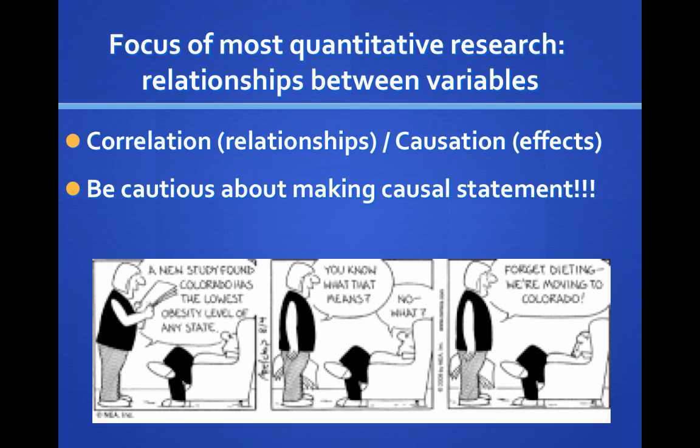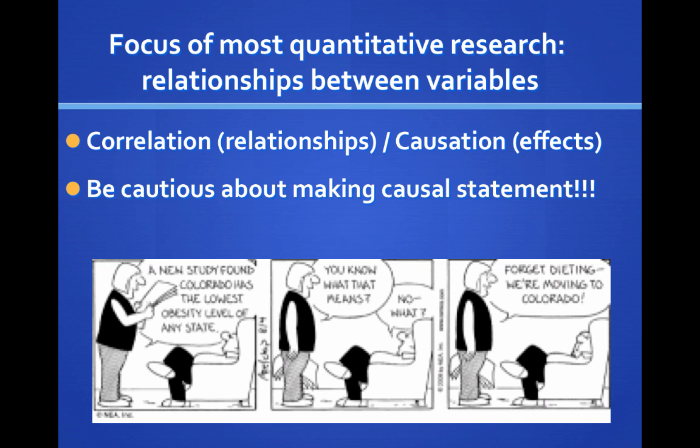So essentially, the little comic strip is like, oh, there's a study that found Colorado has the lowest obesity level of any state. And the wife is like, oh, guess what? Guess what that means? And the husband's like, what? And she's like, forget about dieting. We're going to move to Colorado because Colorado has the lowest obesity level of any state.